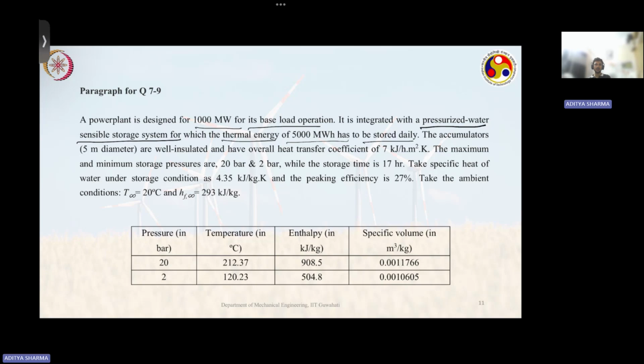The maximum and minimum storage pressures are 20 bar and 2 bar respectively, while the storage time is 17 hours.